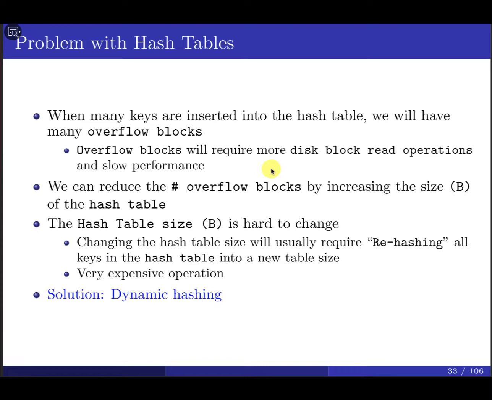Let me give you the worst case scenario: every time you look for an item stored in the last overflow block associated with a bucket. So what can we do here? We can reduce the number of blocks. How can I do that? The simple thing I can do is increase the size of the bucket, right?